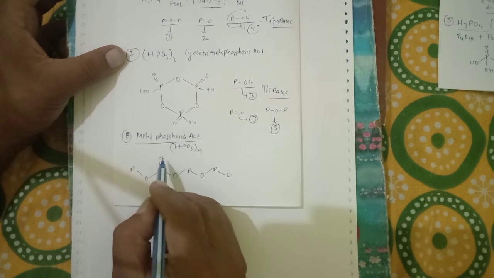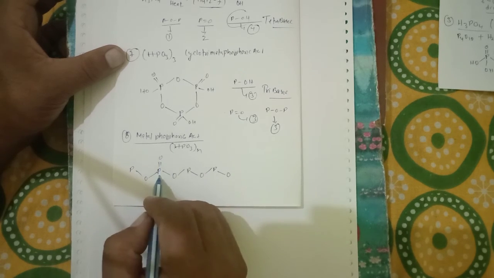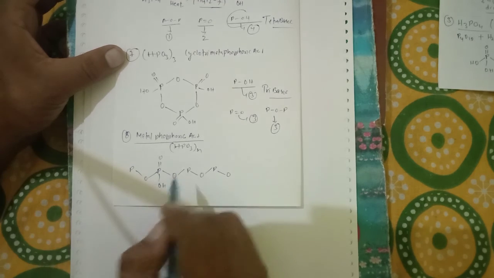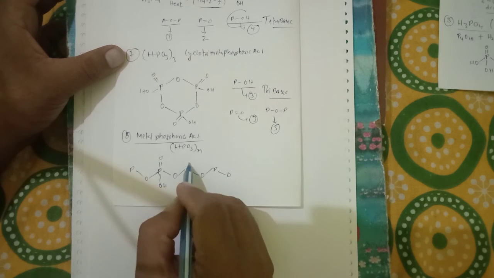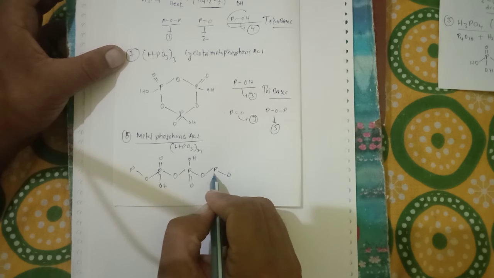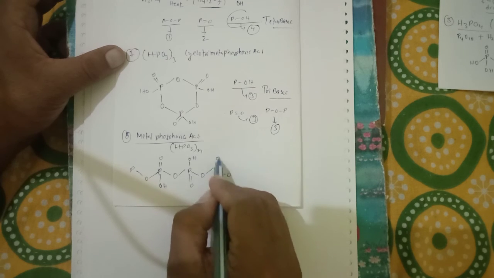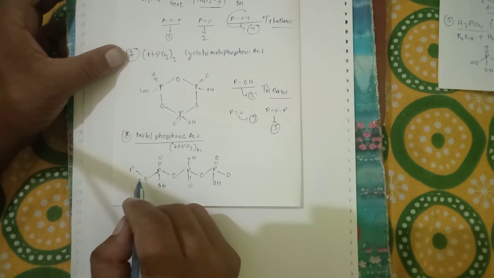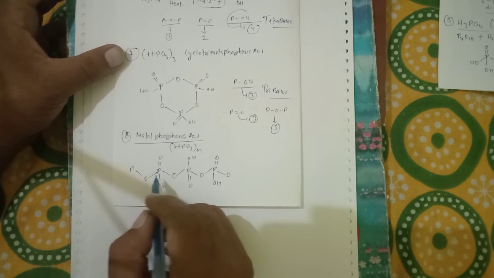Each phosphorus is linked with an oxygen atom by a double bond, and each phosphorus is also linked with OH. Then here it will be OH and double bond oxygen, here it will be OH and double bond oxygen. In this way a linear chain will be formed.